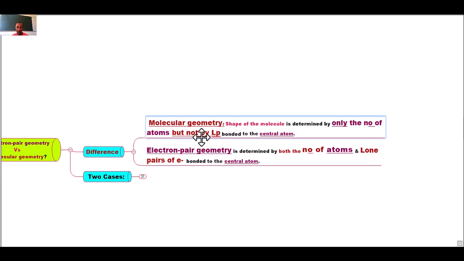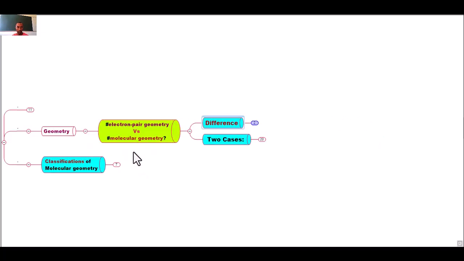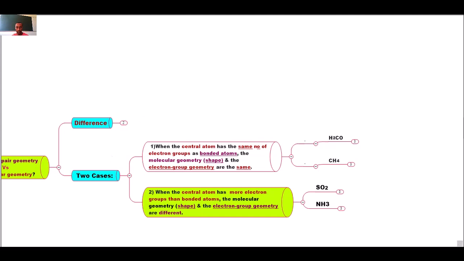Remember always this: molecular geometry only considers the number of atoms that surround the central atom and ignores the lone pairs, and the electron pair geometry considers both the number of atoms and the number of lone pairs that surround the central atom. And we have two cases to determine the geometry of the molecule.